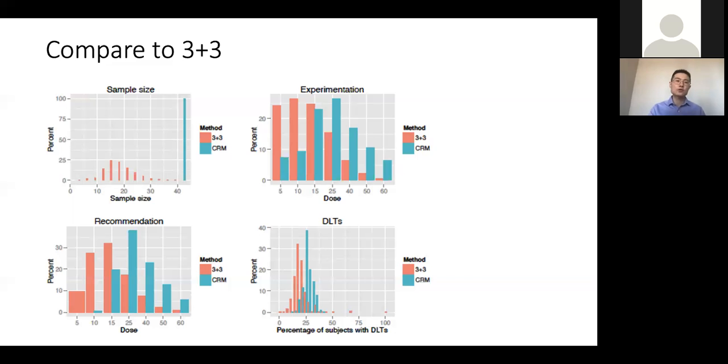So compared to 3+3, of course, the BCRM outperformed the 3+3 method. Okay, so that's why we recommend new phase 1 trial designs instead of 3+3 if we're going to do a phase 1 trial. Okay.